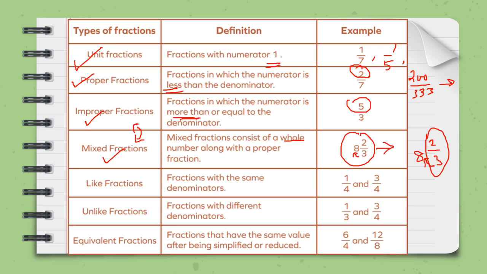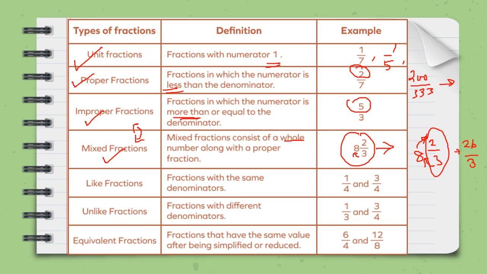So 3 times 8 is 24, and now I'll add my numerator to this product. So 24 plus 2 becomes 26. My numerator will become 26 and my denominator is just the same as in my proper fraction. The proper fraction has 3 as the denominator, and here also it's going to be 3.